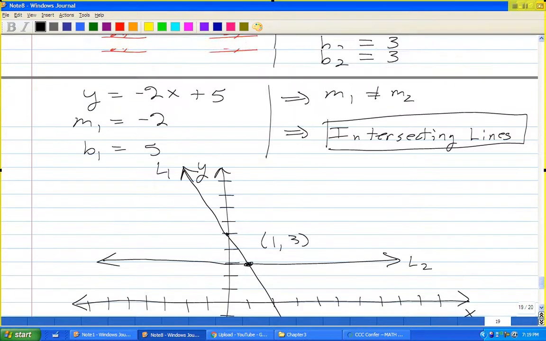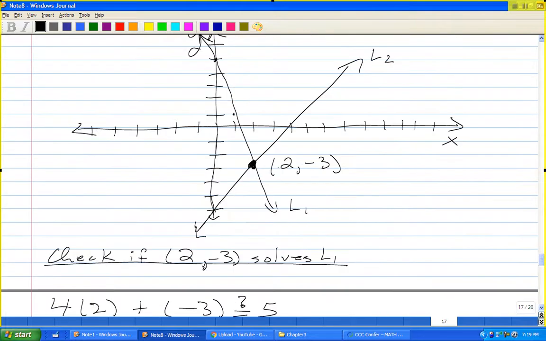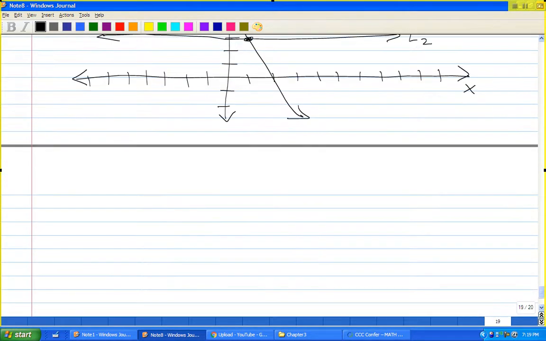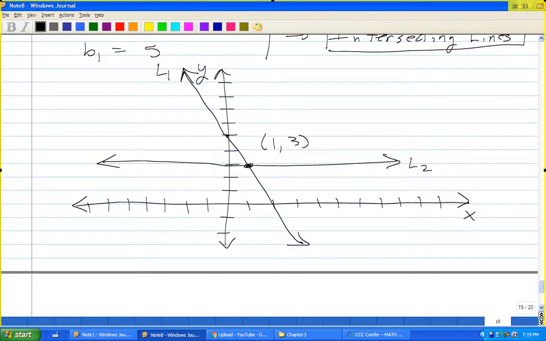Let's check to see if that really is a solution. I did label them good.